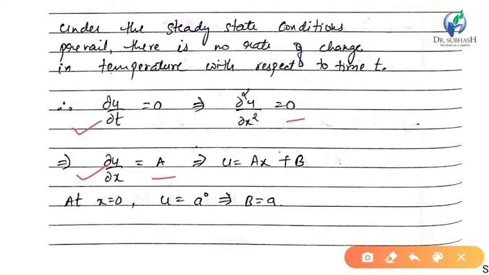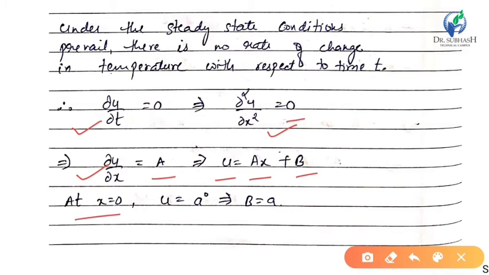Now we want the value of the function u, so we have to integrate this equation 2 times. One time when we integrate this equation, del square u upon del x square, we get del u upon del x and we get some constant a. Second time when we integrate this equation, we get u equal to integration of a will be ax and we are taking some constant b.